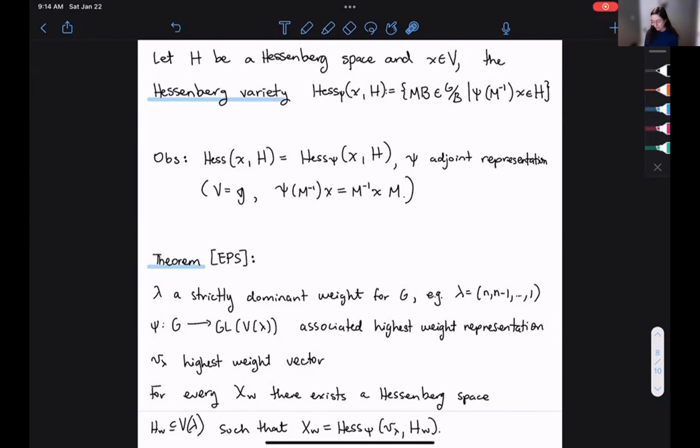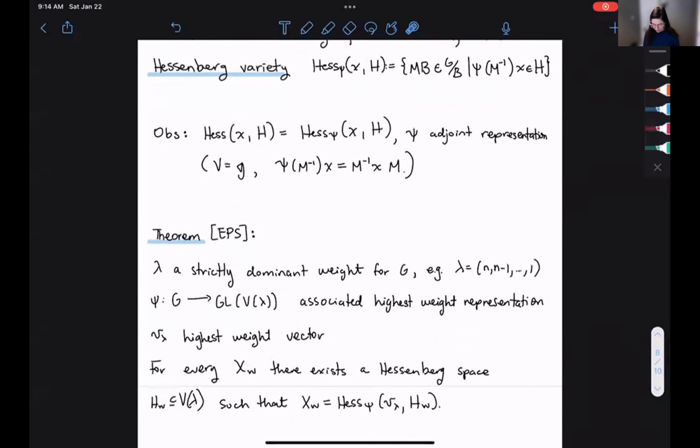But strictly dominant leads it to be a highest weight representation. And here, we're going to let V sub lambda be the highest weight vector for this representation.